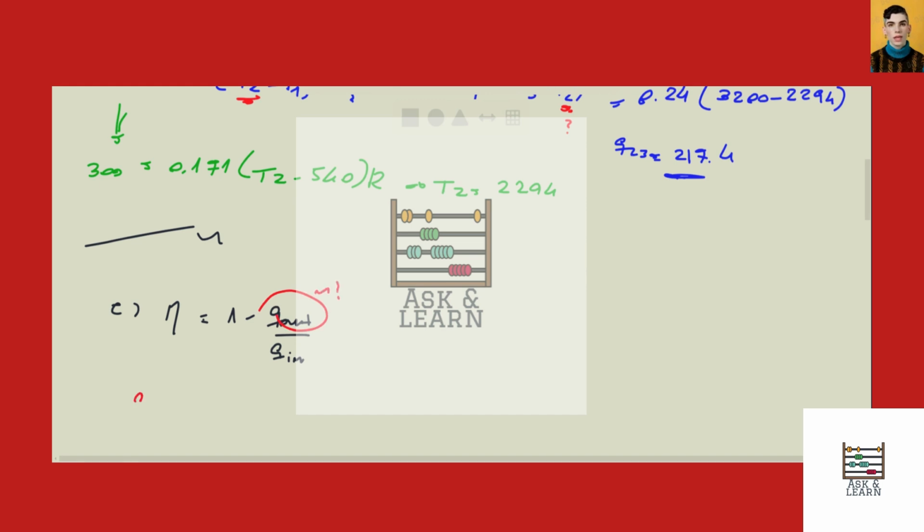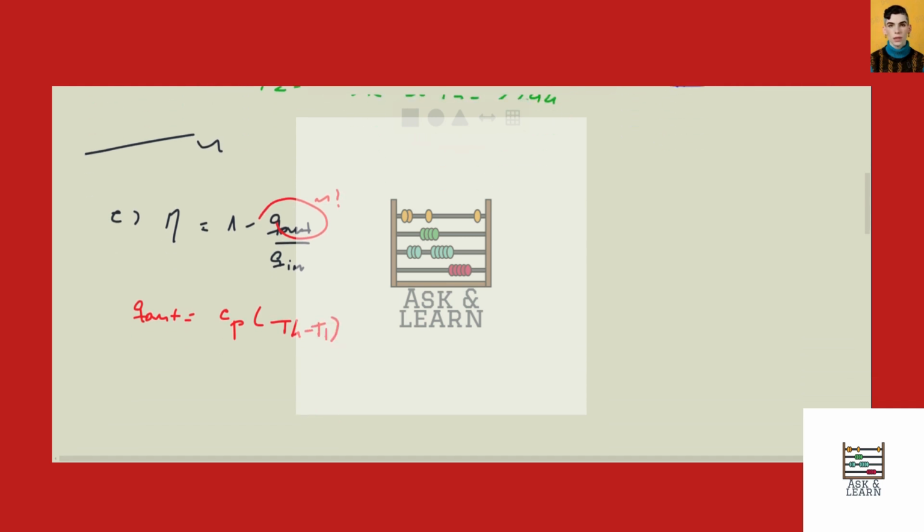Q out is going to be the change in the enthalpy. So it's just Cp (T4 minus T1). And how do we find T4? Because we have a problem here. Who is T4?